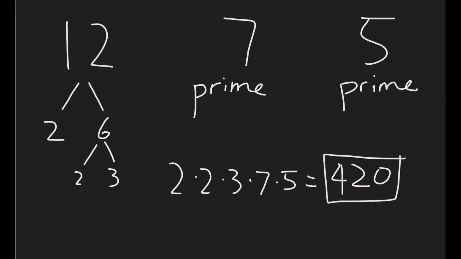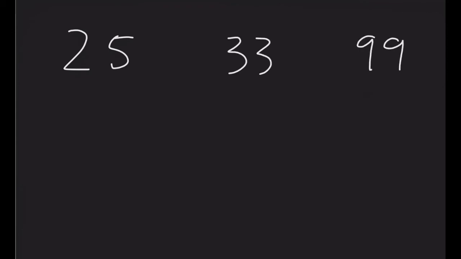Alright, and let's do another example with 25, 33, and 99. Okay, so 25 can be simply broken down into 5 and 5.